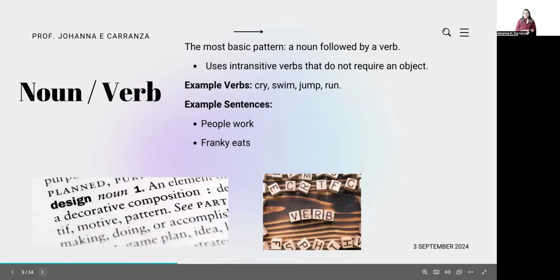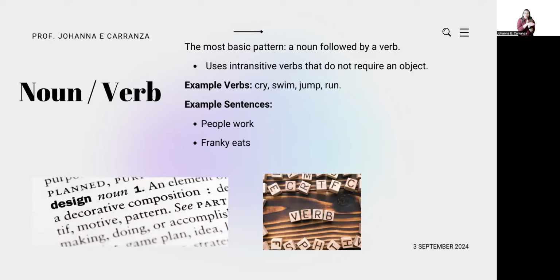Now, the first pattern is the most simplistic one, which is when a noun plus a verb are together. Usually this basic pattern is created by a noun and an intransitive verb. An intransitive verb requires an object, right?